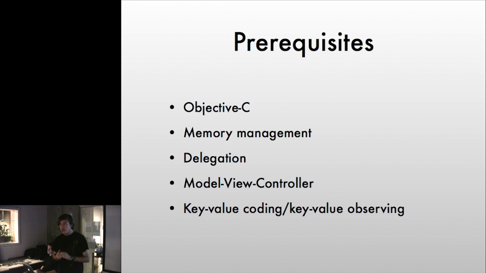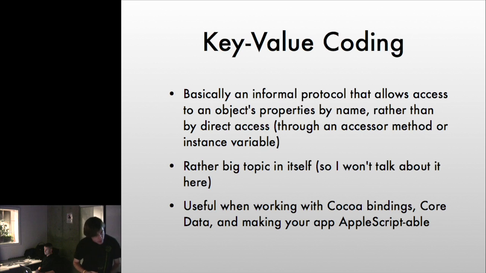So, some prerequisite knowledge for how to use Core Data. This is straight from the documentation. They recommend, obviously, that you need to know Objective-C. You need to be familiar with memory management and the delegation in MVC. And then there's this concept of key value coding and key value observing that I haven't talked about, and I'd like to add a lecture about that at some point. It's actually a fairly straightforward concept.